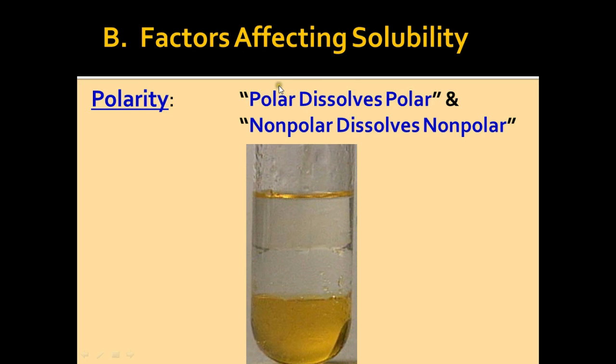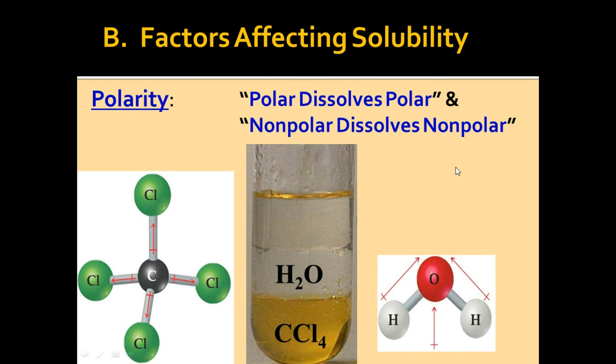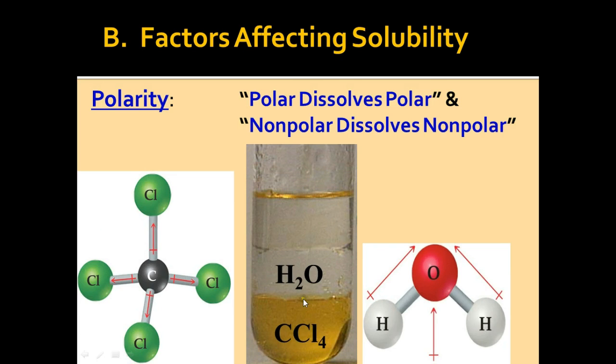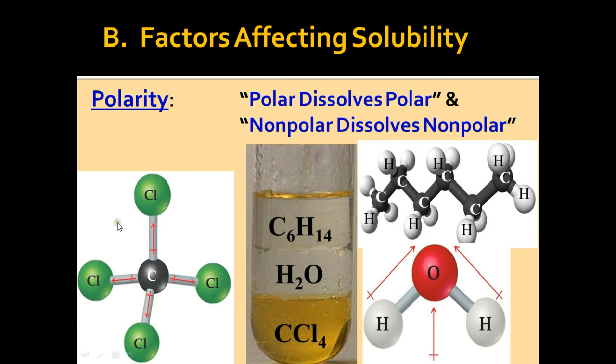So if we have a polar substance, it can only dissolve in polar stuff. If you have a nonpolar substance, it can only dissolve in nonpolar stuff. And so here we have several molecules and their Lewis dot structures, if you remember from the unit about covalent bonding.